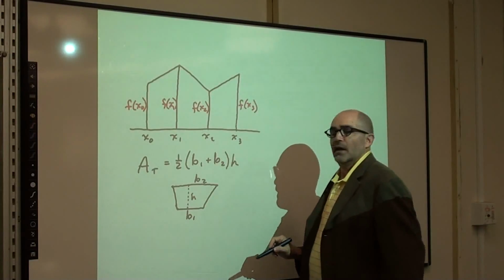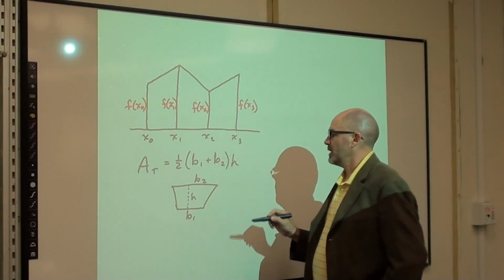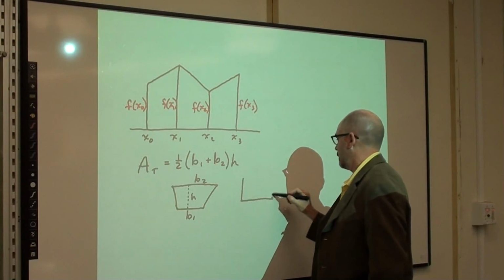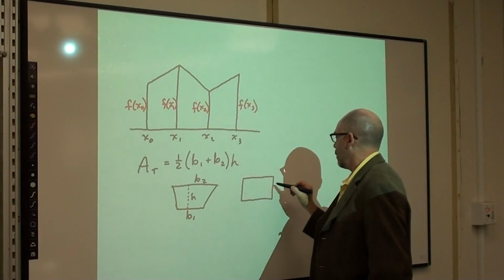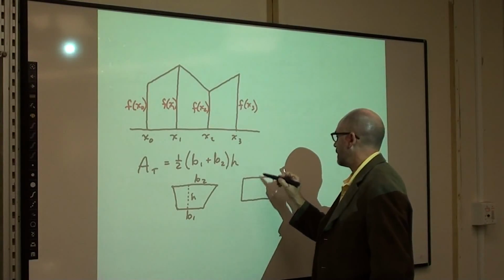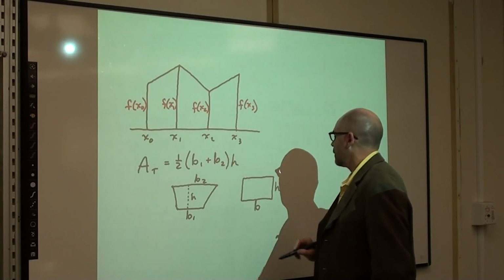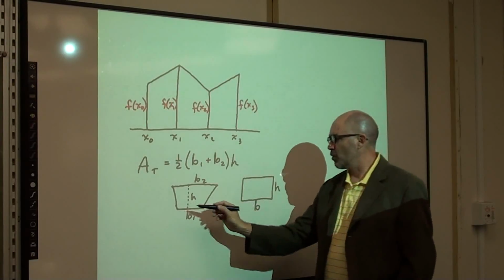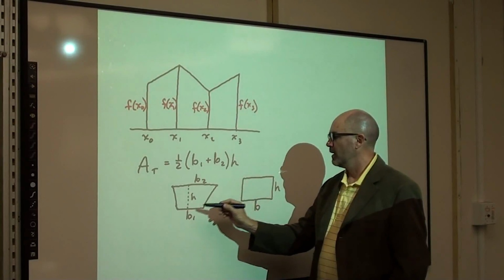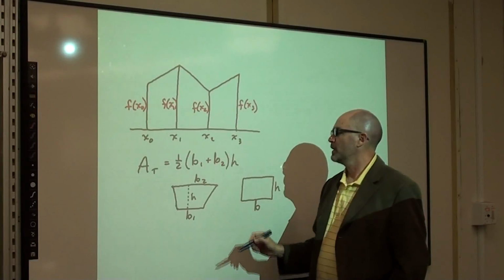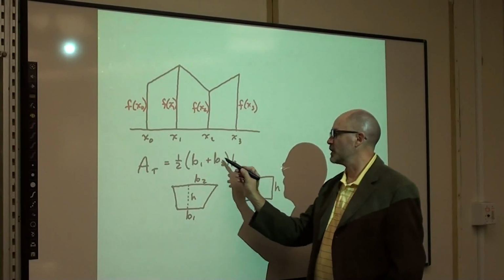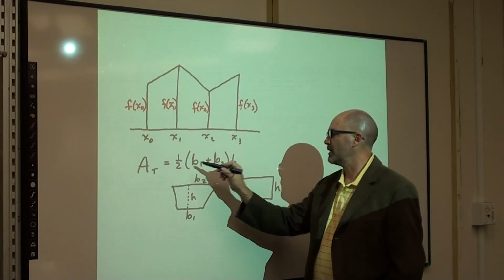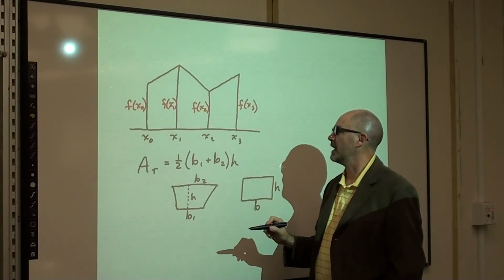Notice the area of a trapezoid is basically the area of a rectangle where you don't have the same base. We know the area of a rectangle is base times height. We'd like to go base times height here, but the bases are different, so we have to take the average of the two bases times the height.